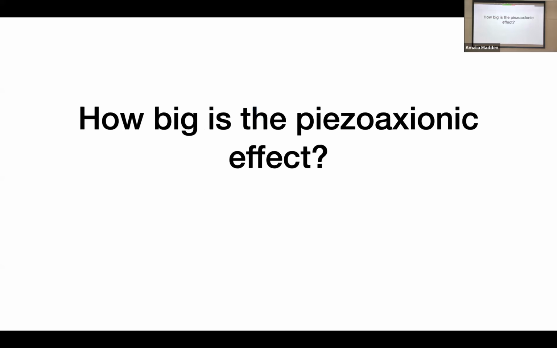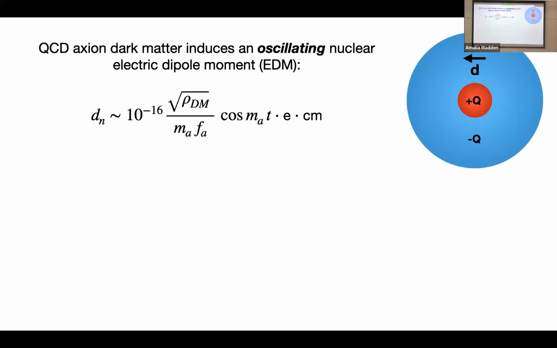How big is the piezoaxionic effect? To understand this, we have to think about how it's induced. As you saw at the beginning of this presentation, we know that the QCD axion can induce a dipole moment of the nucleus. And moreover, because we're looking at these low mass wavy-like axions, we're going to think about an oscillating nuclear electric dipole moment.